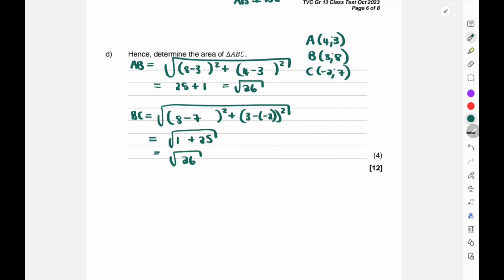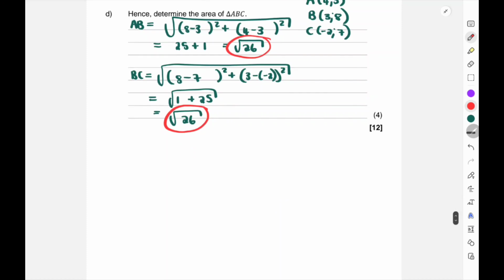Okay, to make it a little bit faster, I worked out the distance of AB and the distance of BC. So thus the area is the base times the height divided by 2.